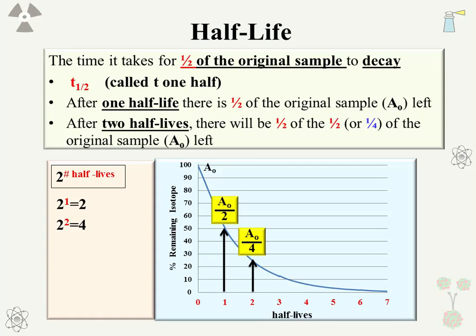A sub 0 divided by 4. 3 half-lives has a remaining amount of isotope of A sub 0 divided by 8. 2 raised to the power of 3 is 8. 4 half-lives leaves A sub 0 divided by 16. 2 raised to the power of 4 is 16. 2 raised to the power of 5 half-lives is 32.